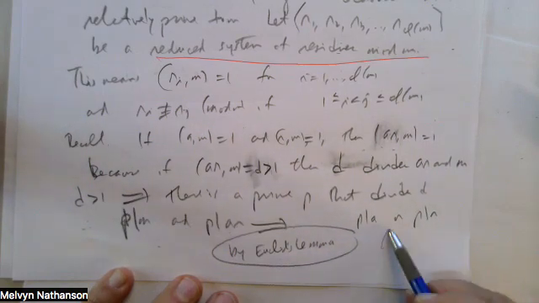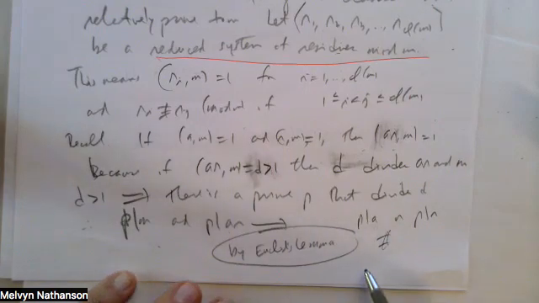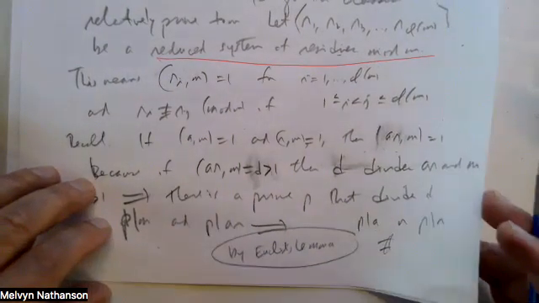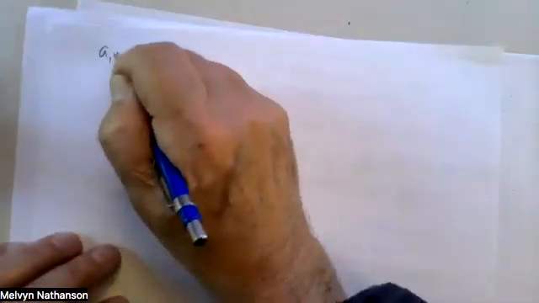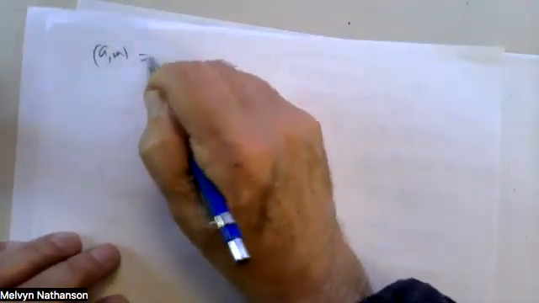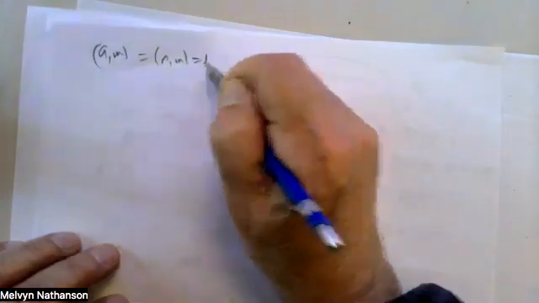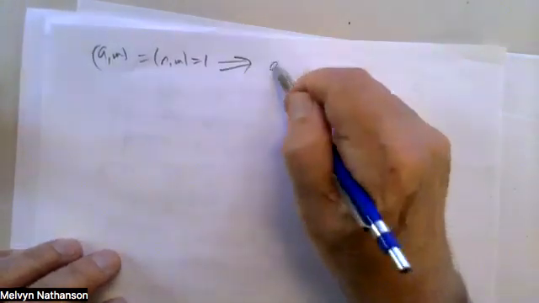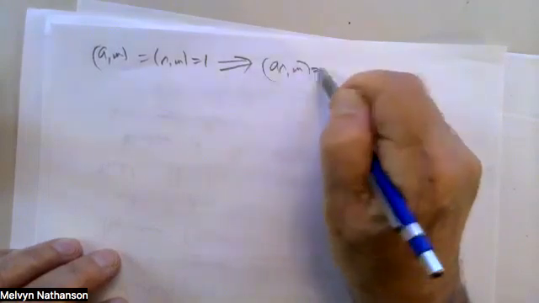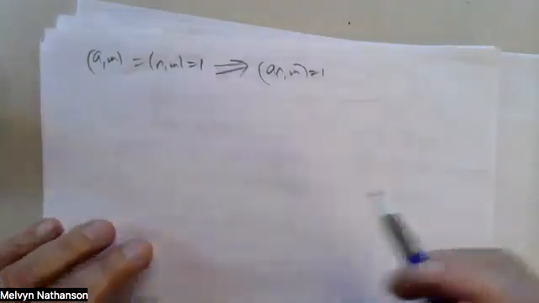So this is a contradiction. So if A and M are relatively prime and R and M are relatively prime, that implies that AR and M are relatively prime.